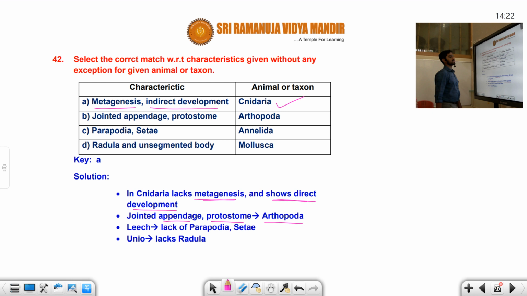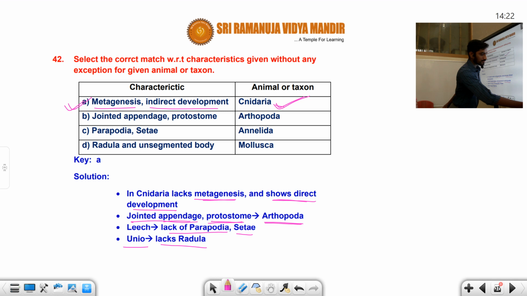Leech lacks parapodia and setae, and Unio lacks the radula. So the correct option is A. The characteristic is metagenesis, indirect development. So question 42, A is the correct option.